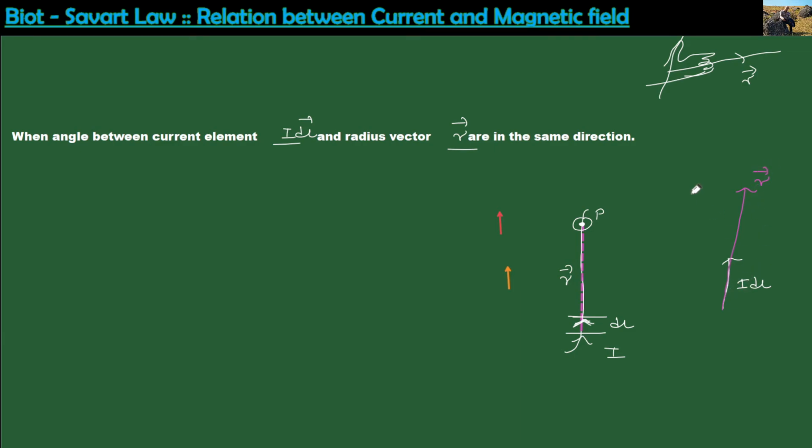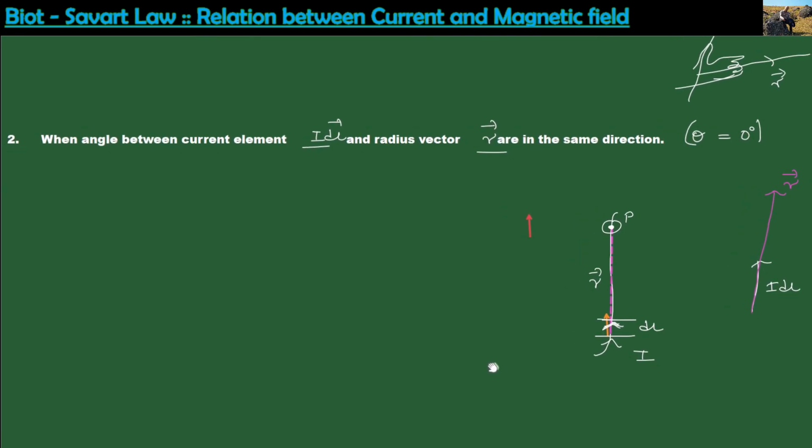So the angle between them is how much? The angle between them will be equal to 0 if they are in the same direction. So theta will be equal to 0 degrees. This will be the vector of IDL. Now we will find out what will be the direction of dB.